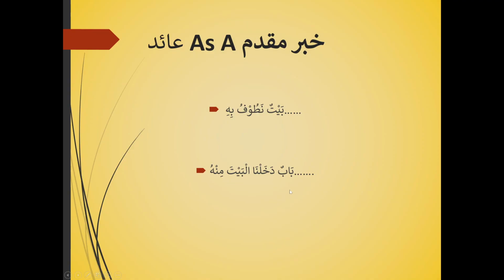Or if we say we entered the house in the door, it doesn't sound right either, right? So it's more like we entered the house through the door. But in Arabic, we know that we are using the door to go into the house. That's why we have minhu, the context of minhu.